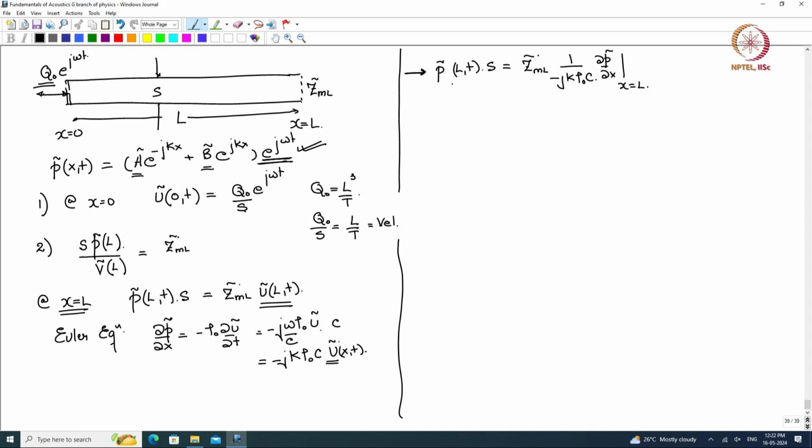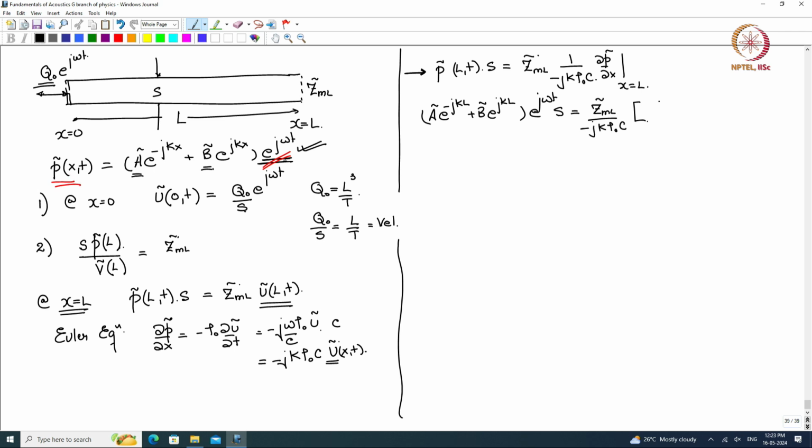So pressure at L, without this temporal term, is A tilde e to the power of minus j k L plus B tilde e to the power j k L. Okay, let me keep the time, into S, that is equal to this mechanical impedance at the end divided by minus j k rho 0 c, then del p del x, again from here we compute del p del x.